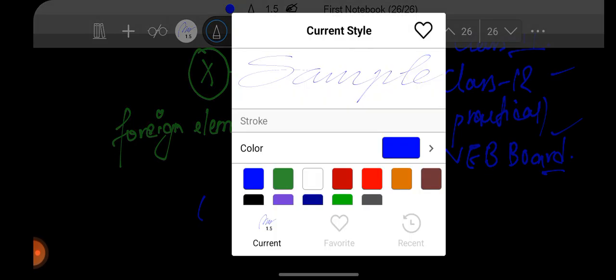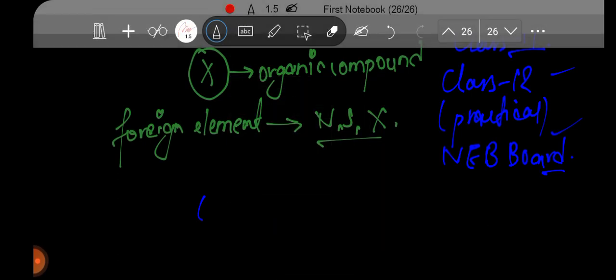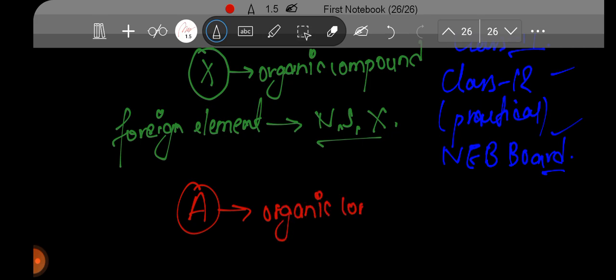Let me make one better example for you. Suppose A is one organic compound containing sodium.